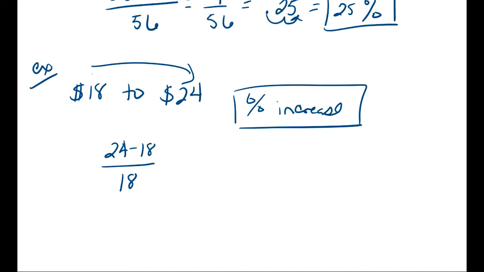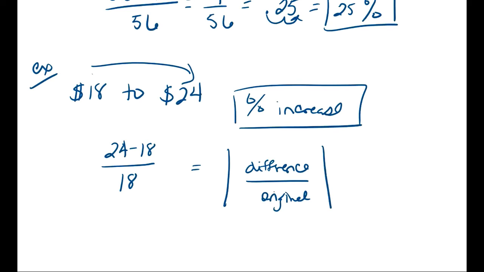And one thing I want to point out for the top, that you can always put the larger number first so you get a positive number. Another way we could have written this formula would have been the absolute value of the difference over the original, because we always want to get a positive number.